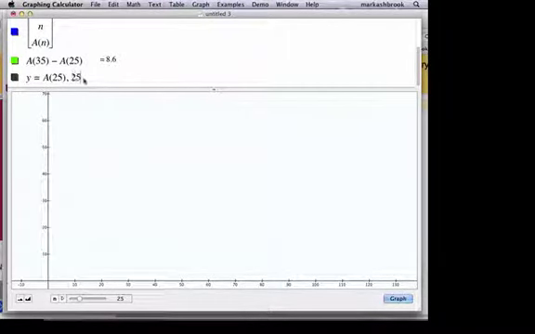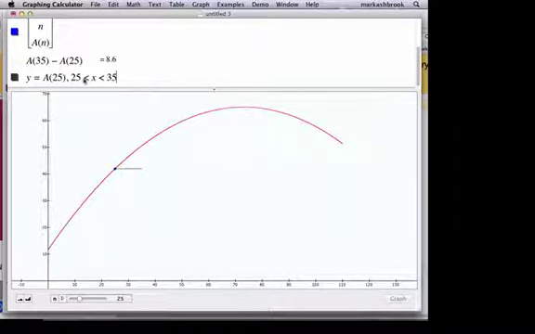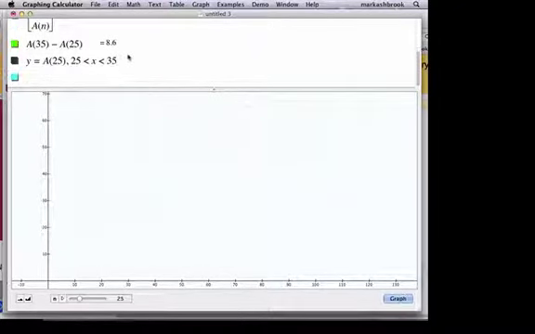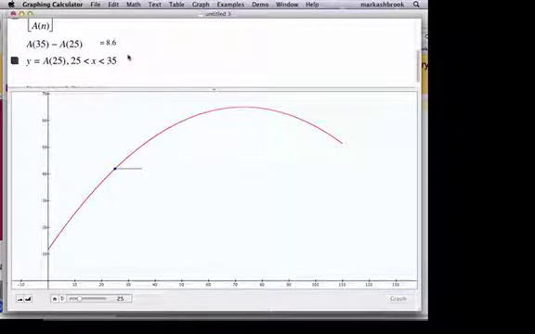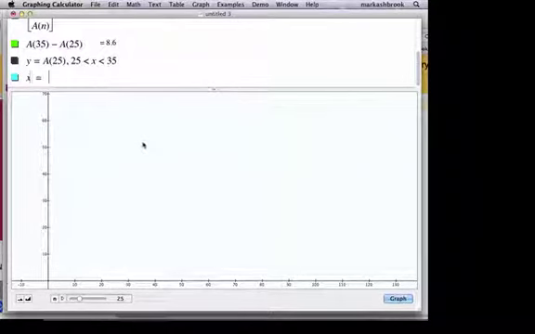Starting at 25 and going up to 35, right? And then how could we get this line segment right here? That would be x equals what? That'd be x equals 35, starting at A of 25, going up to A of 35.